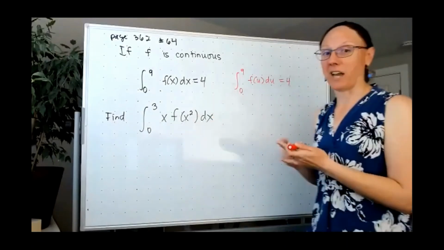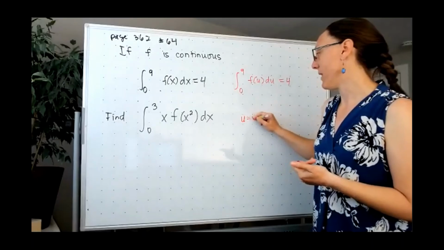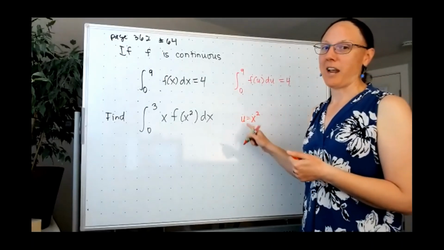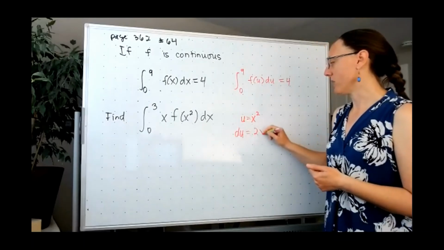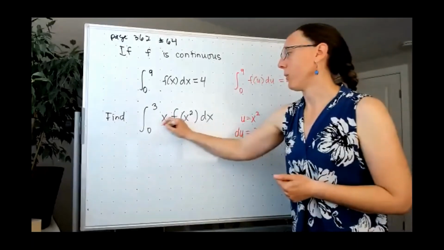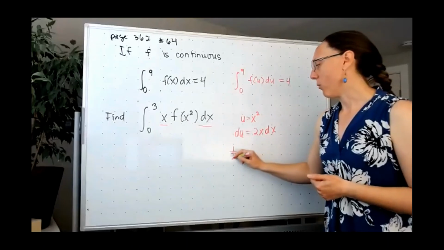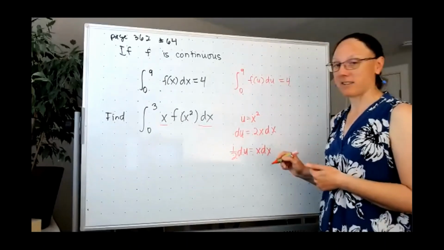And the only way to do that is to come off to the side and let u be equal to x squared. If u is equal to x squared, then my differential du would be equal to 2x dx, which we don't have in the problem, but we have the x dx part. So 1/2 du is equal to x dx.